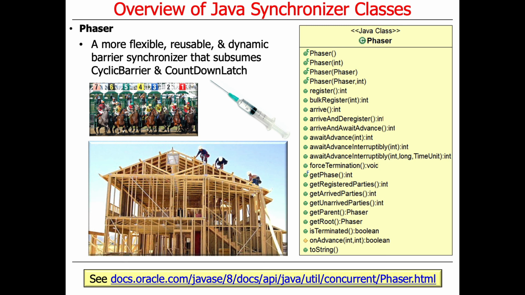And each of those different teams may have different numbers of people. So it's not like a cyclic barrier where you have the same number of people each time. Here you might have 7 roofers, 3 framers, 5 electricians, whatever. I'm probably making those numbers wrong. But the point is that different phases require different numbers of people to work on stuff. And so the phaser gives you the ability to coordinate different groups of things over different periods of time.